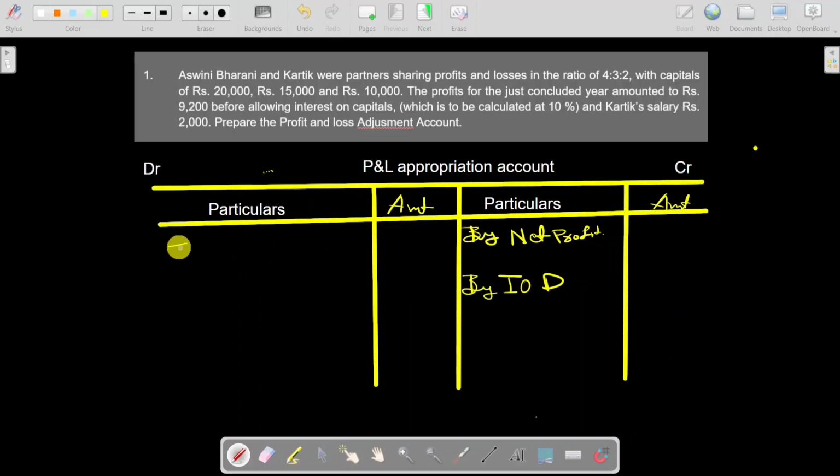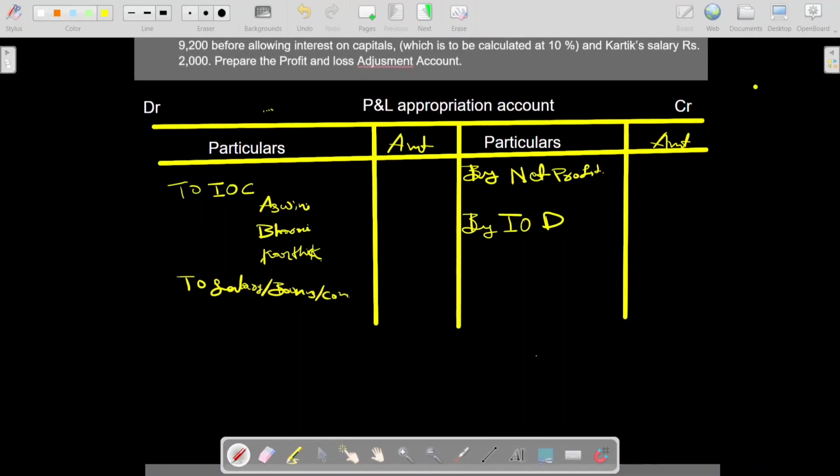So what are those? Interest on capital, and we will have three partners, Ashwini, Bharani, and Karthik. If any salary, bonus or commission is taken by the partners, we have to record those in the P&L appropriation account.